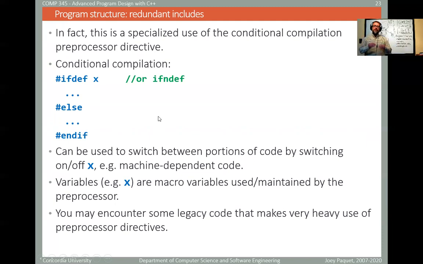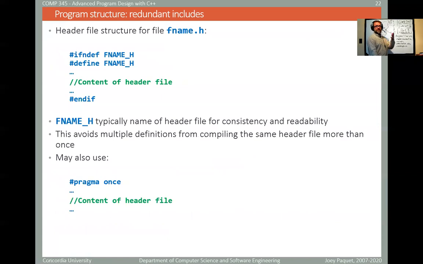This allows you to turn on some flags to enable or disable some code depending on the behavior you want from your application when you compile it. That's conditional compilation, a very often used specific use.